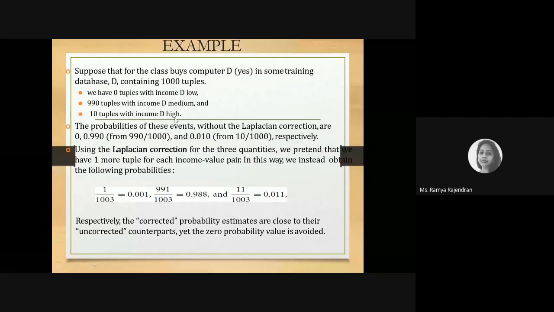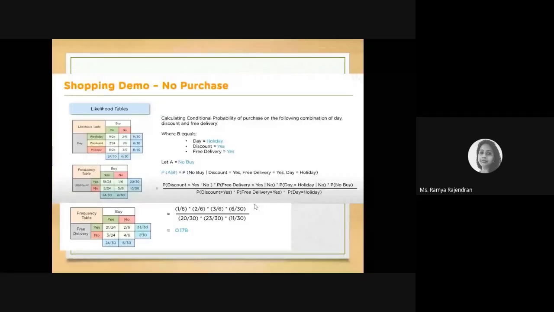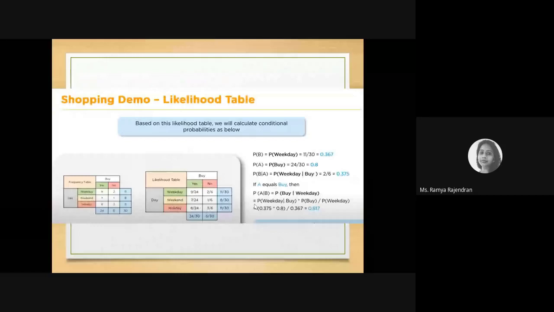Hope you got this, but maybe I can explain it here with the example. Imagine there was a zero value here for a weekday and the person is buying. It was 24 over 30.